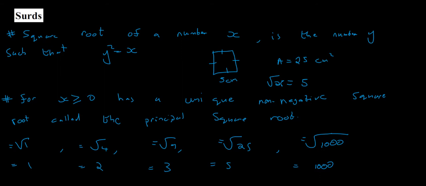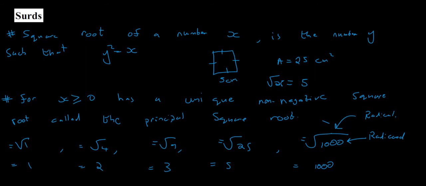And let's define this as a radicand, and this is referred to as a radical. Now, not all radicals are surds, as we've just shown. So sometimes students use radicals and surds interchangeably, and strictly that isn't correct.